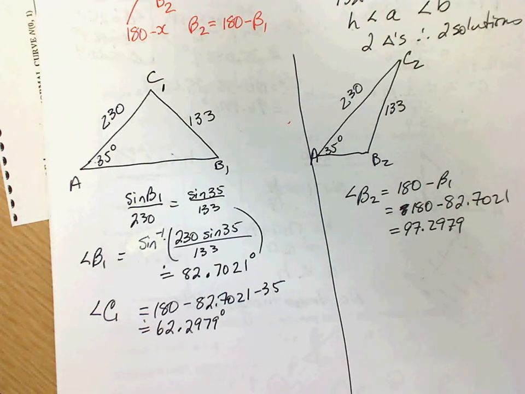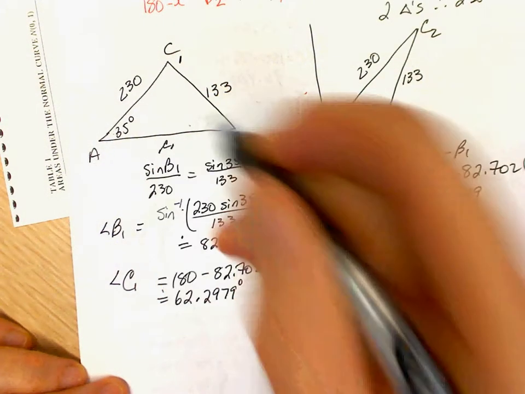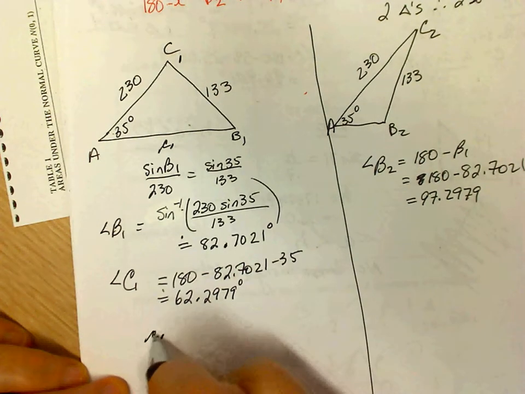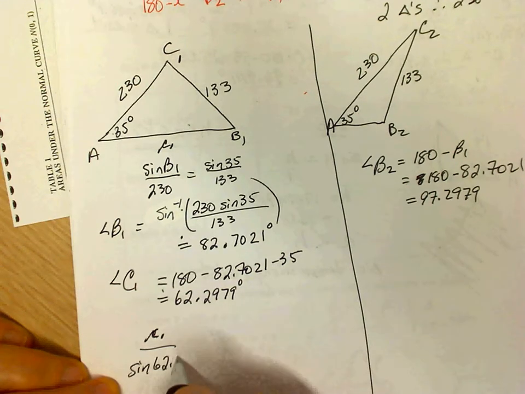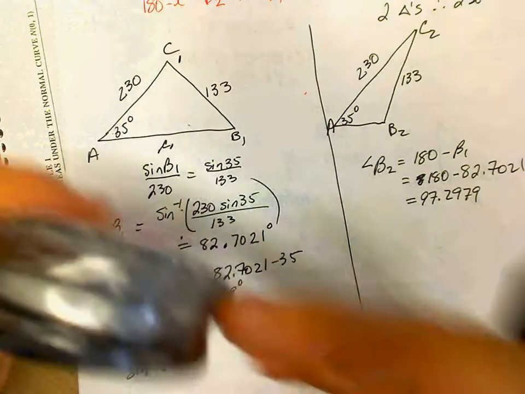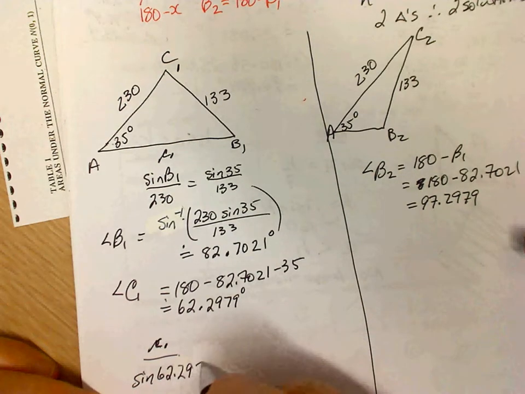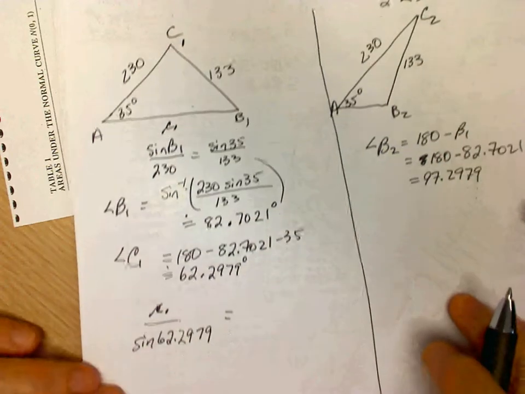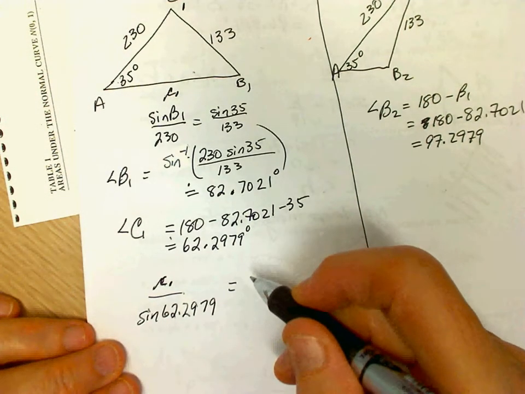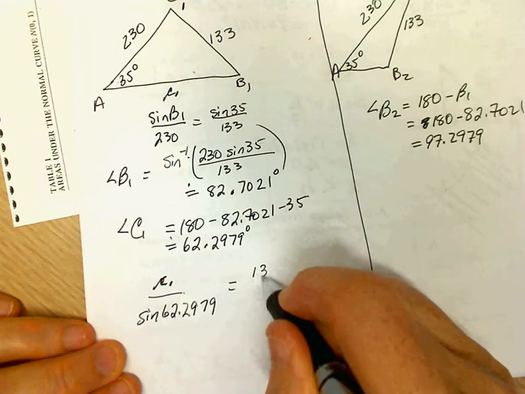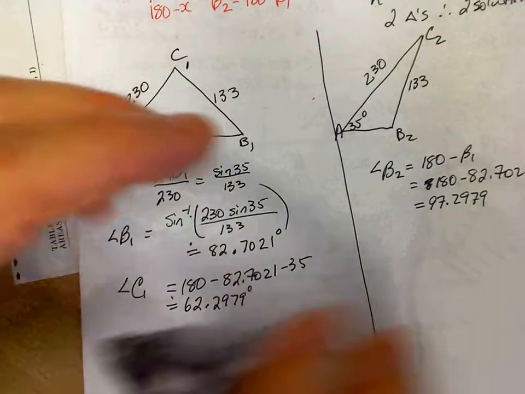Now we can find side C1. So little c1 over sine of 62.2979 is equal to, that's little c, lowercase c.